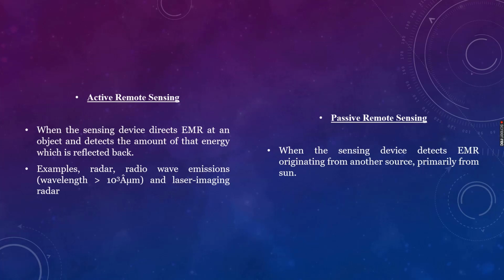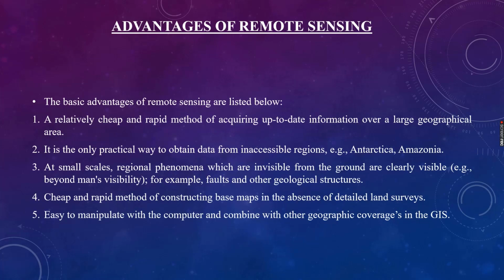So the same mobile phone is working as a passive remote sensor in broad daylight, whereas it is working as an active remote sensor in the dark or at night. So this was the minute difference between active remote sensing and passive remote sensing. Now we will move on to the advantages of remote sensing.